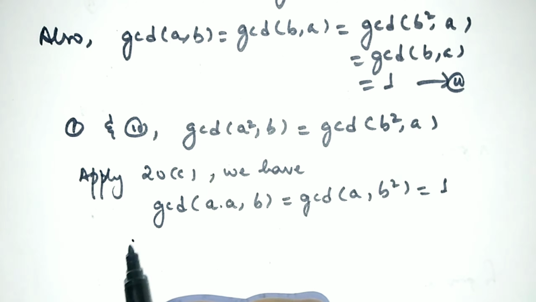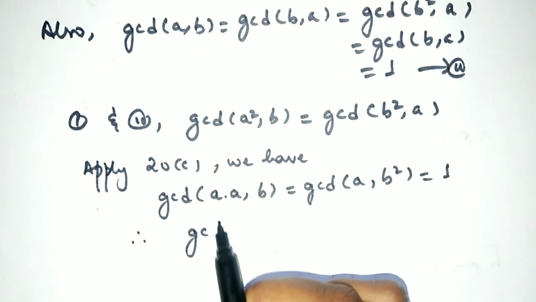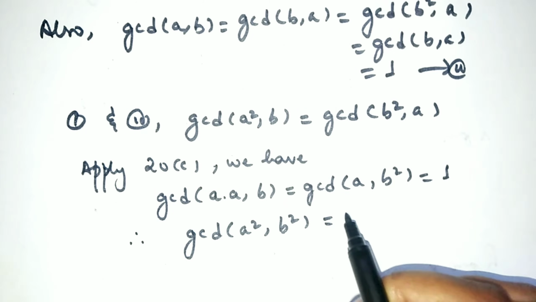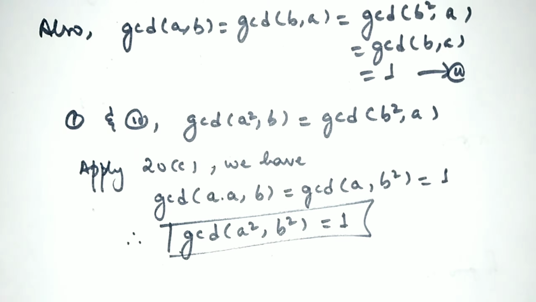So therefore we conclude that GCD of A square comma B square is 1. Okay, hence proved.